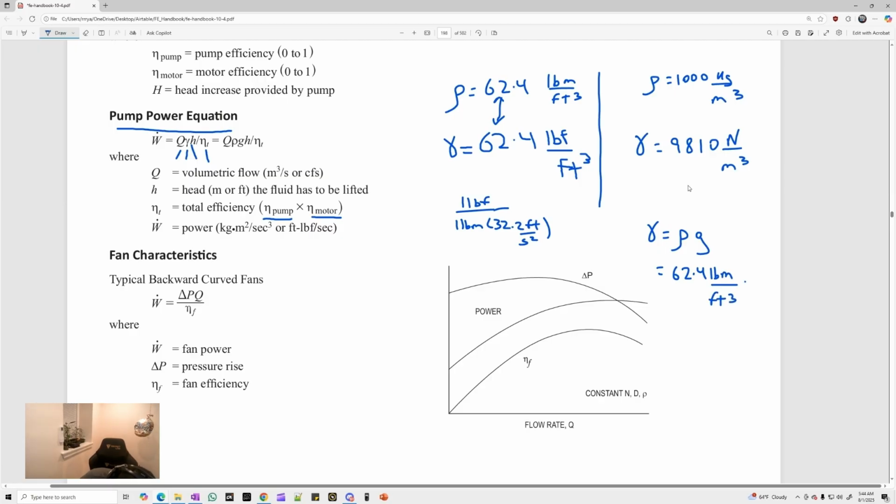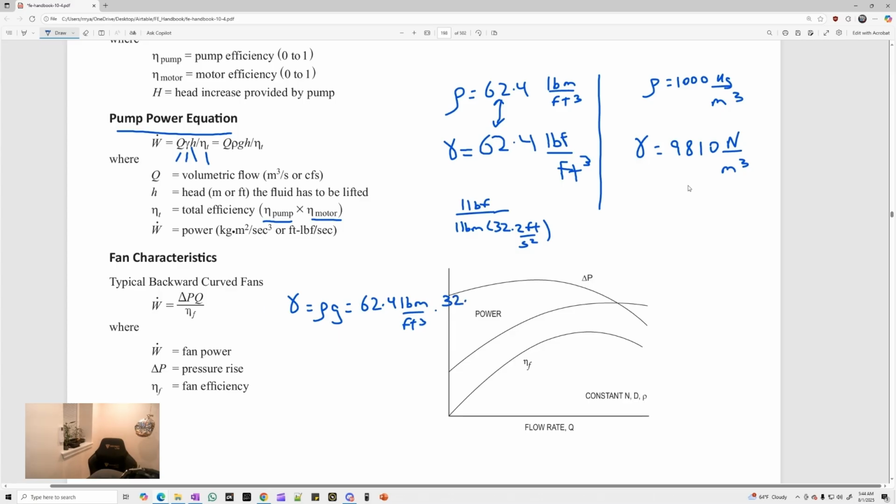What is gravity? It's 32.2 feet per second squared. And you have pound mass foot per second squared. That is almost what's required to go from pound mass to pound force, but we're missing a factor, that 32.2. So a pound force is 32.2 pound mass feet per second squared.